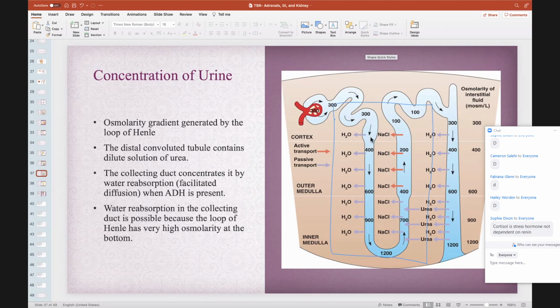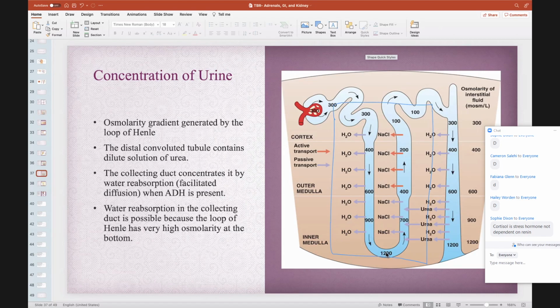We have these open aquaporins, but because it's a brand new nephron, there's no difference in the interstitial osmolarity and the filtrate osmolarity. So while these aquaporins are open, water's not going to flow one way or another. It'll be true throughout the descending limb.